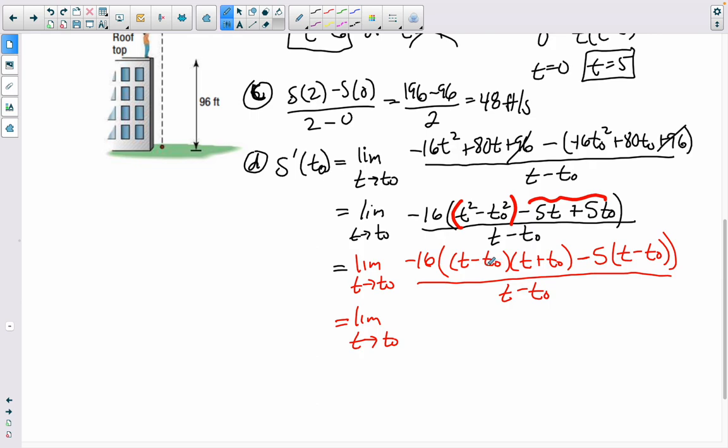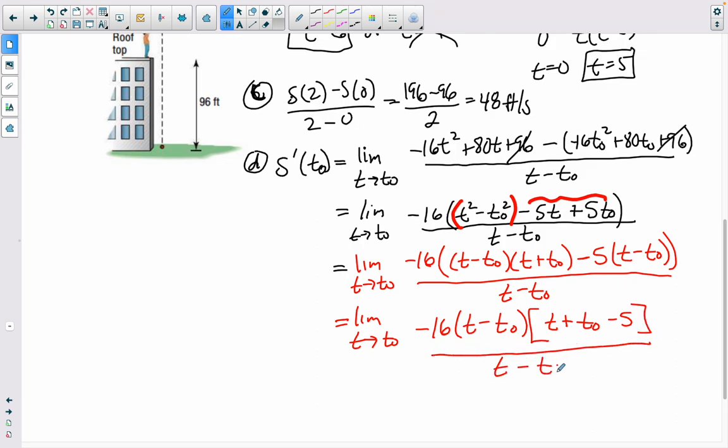I can factor out a t minus t naught from both of these terms. So we'll get negative 16 t minus t naught times t plus t naught minus 5, all over t minus t naught. Now if we look here, I can cancel that with that.